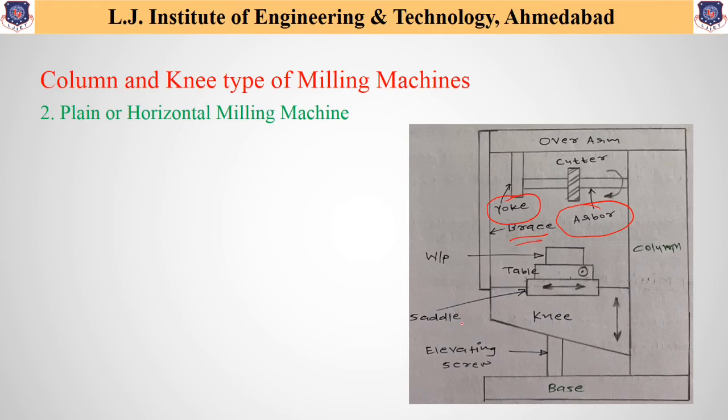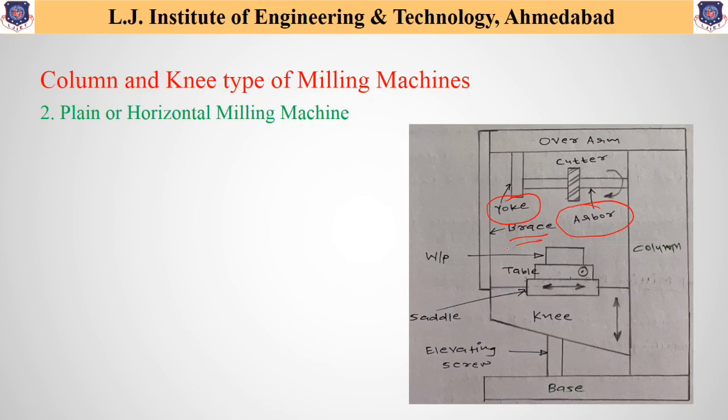As we have discussed, the arbor provides support to the cutter, and this arbor is fixed at the other end by using this yoke, which is connected to the overarm. So the yoke is provided to help the arbor during rotation, to provide the fixture from the overarm to the arbor. In other words, the yoke is the linkage that provides the connection between the overarm and the arbor.